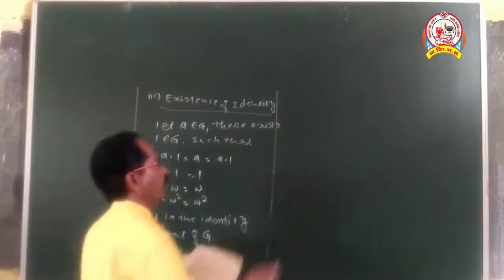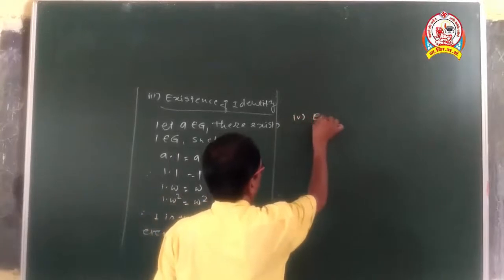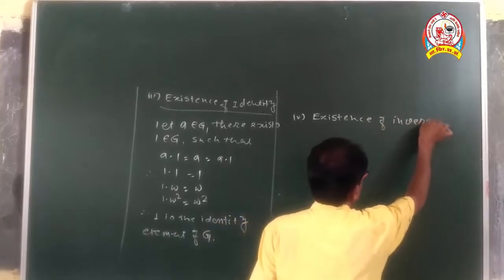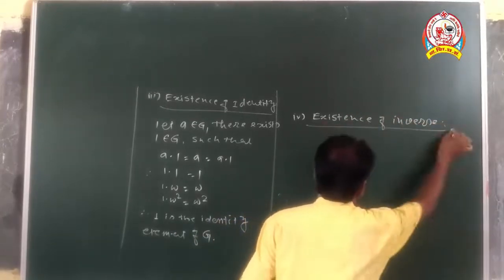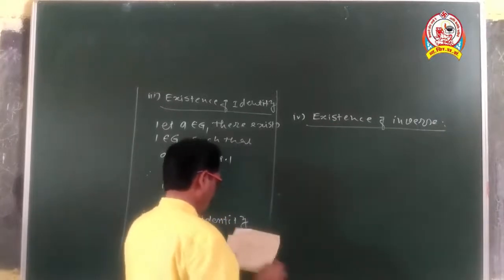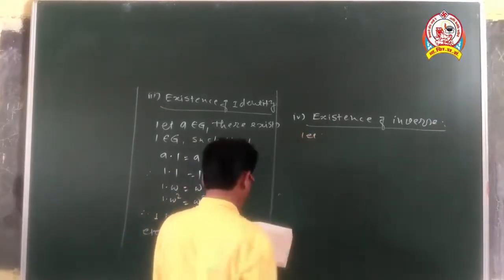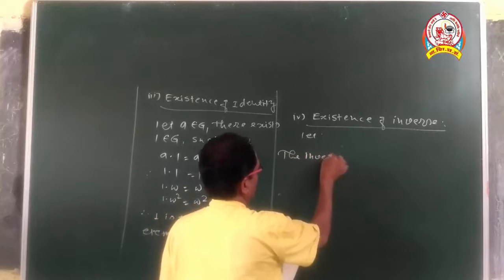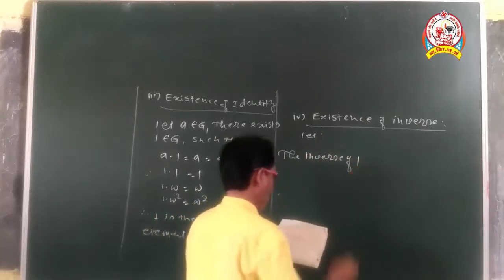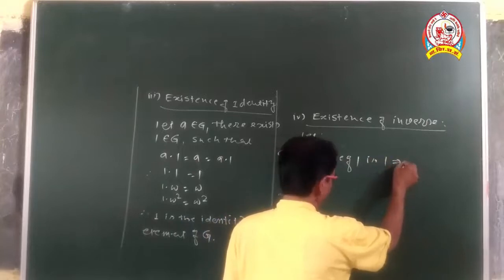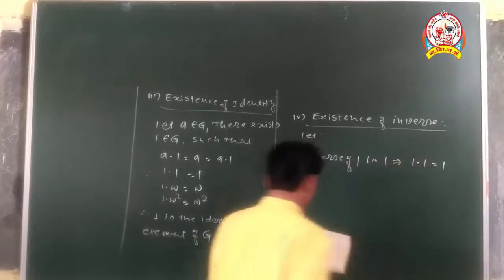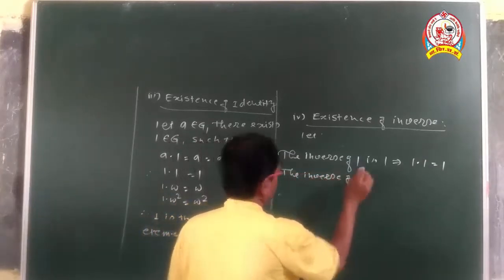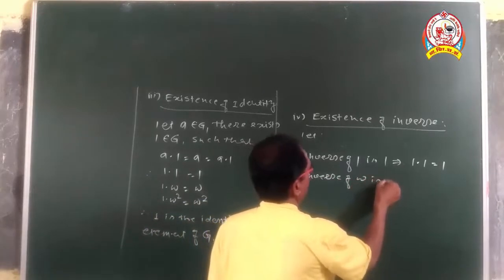Now the last property is existence of inverse. The inverse of 1 is 1. This implies that 1 into 1 is equal to 1. The inverse of omega is omega square.